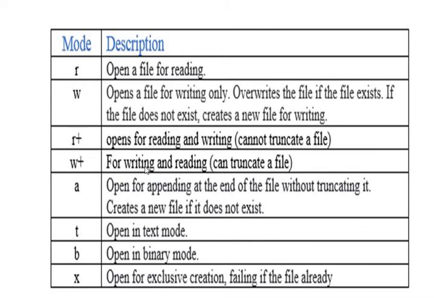W plus, for writing and reading. A means appending, open for appending at the end of the file without truncating it. T for opening in text mode. B for binary mode. X for exclusive creation, failing if the file already exists.